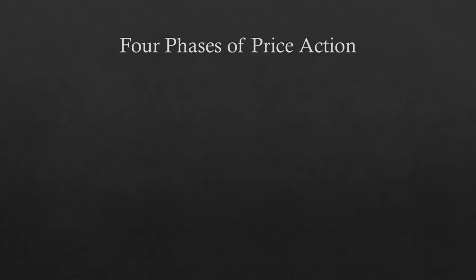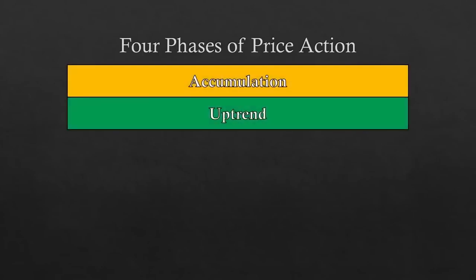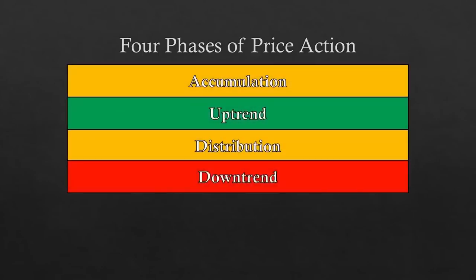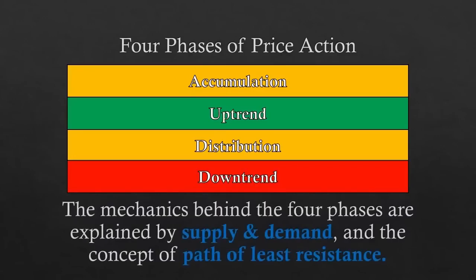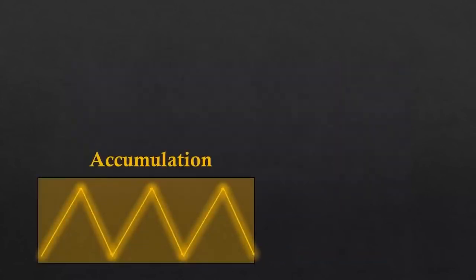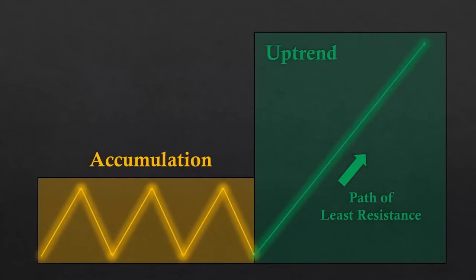The 4 phases are accumulation, uptrend, distribution, and downtrend, and the mechanics behind these 4 phases is explained by the supply and demand and the concept of path of least resistance. An accumulation happens at the beginning of an uptrend. Buyers will accumulate positions until they are certain that there is no significant supply in their way. That way they can create the uptrend more freely.